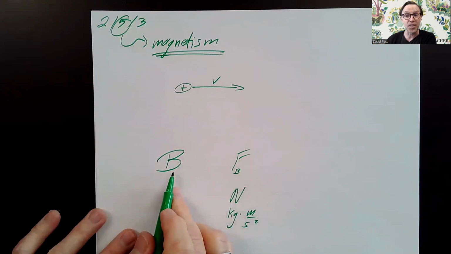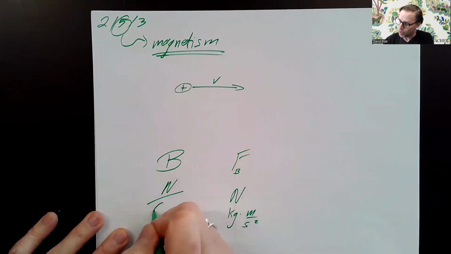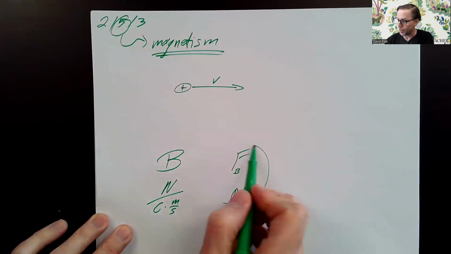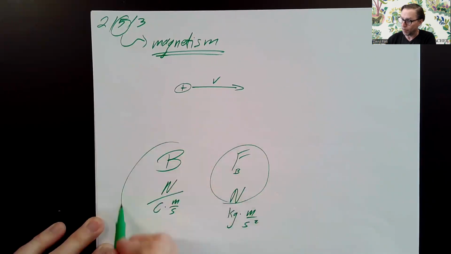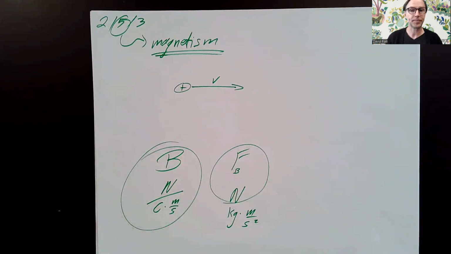Magnetic fields have the unit newtons per coulomb meter per second, because the field pushes with a certain number of newtons per charge and per speed. So again, the unit for all forces is newtons. That's easy. The unit for magnetic field, newtons per coulomb meter per second.